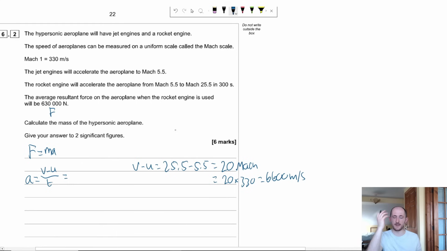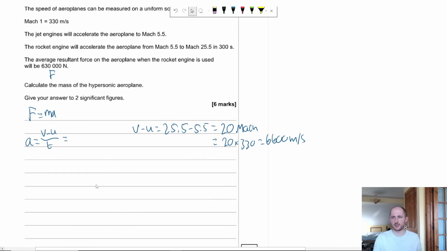So add on a 0 and double it. So the acceleration now is going to be 6,600 over 300 seconds. Okay? So cancel those out. That gives us 22 meters per second squared.